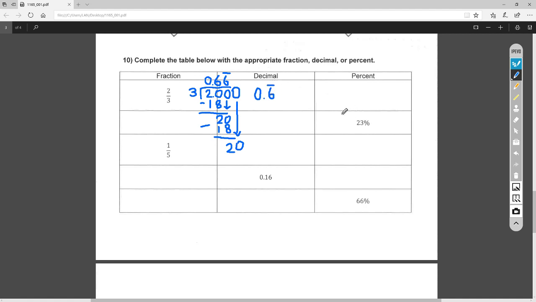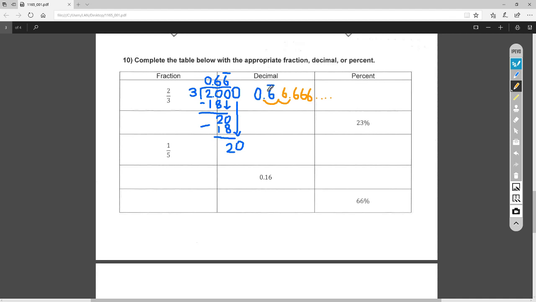repeating. Okay, now to write it as a percent, remember a percent is taking the decimal and moving it 2 places to the right. So my decimal point would be here. And in these empty spaces, remember, since it's 6 repeating, it is a bunch of 6s, right? So I can keep drawing, but we know it is a bunch of 6s.